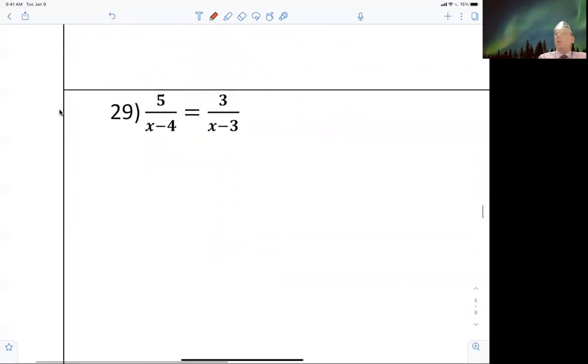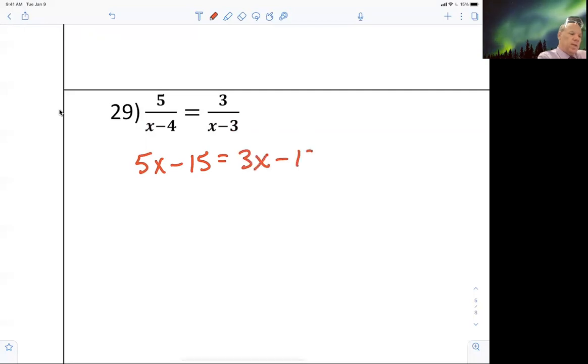All right, 29. Go. So it would be 5x minus 15. Good. And then that equals 3x minus 12. Thank you. All right, keep going. Would you just move the 3x? Tell me what to do.